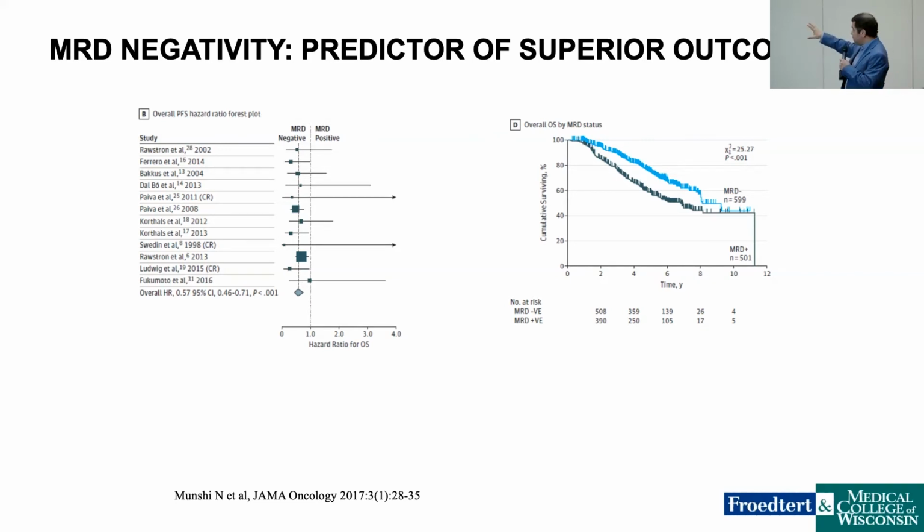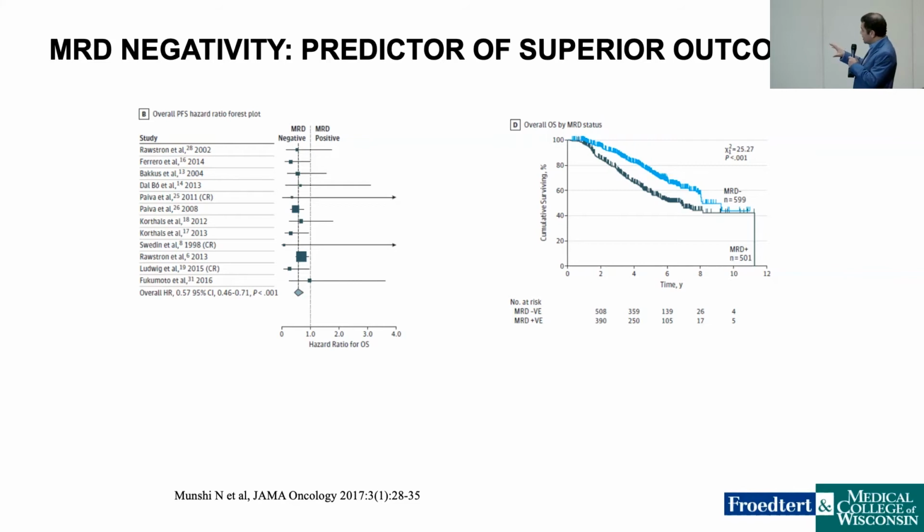So this is the first paper, or one of the main big papers, that looked at all the myeloma patients treated with different types of treatment, transplant, no transplant, and looked at the MRD in different ways, not one particular way. They looked at the MRD by flow, and they looked at the MRD by gene sequencing.